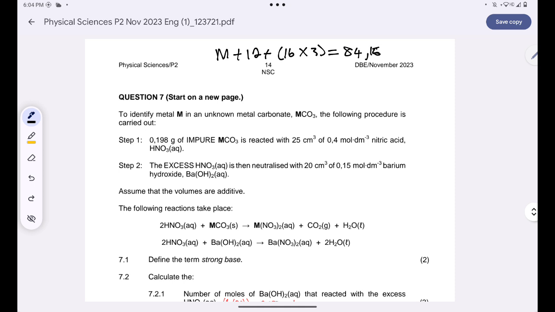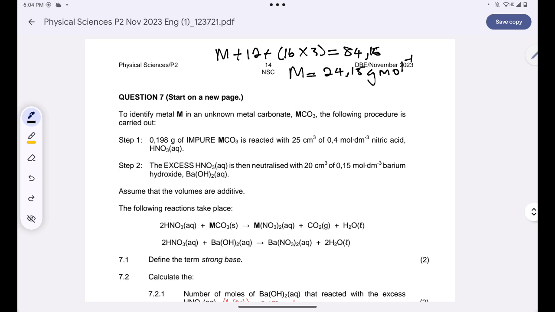Are you together? So 84.15 minus 12 minus 16 times 3. This will give me M to be equal to 24.15 grams per mole.